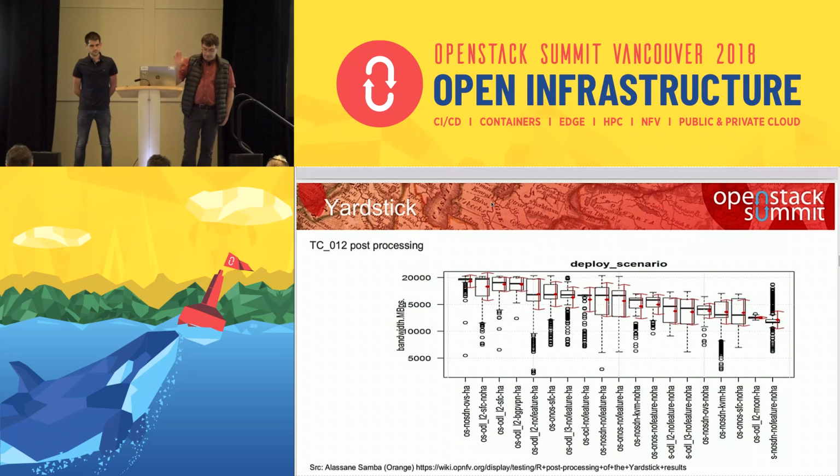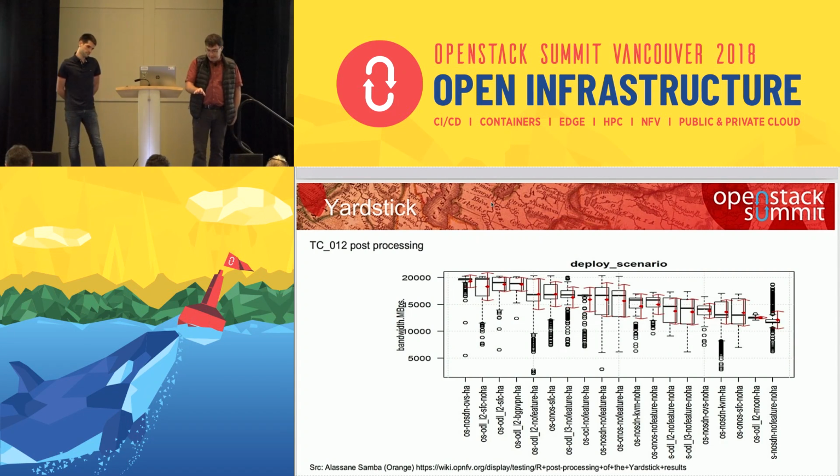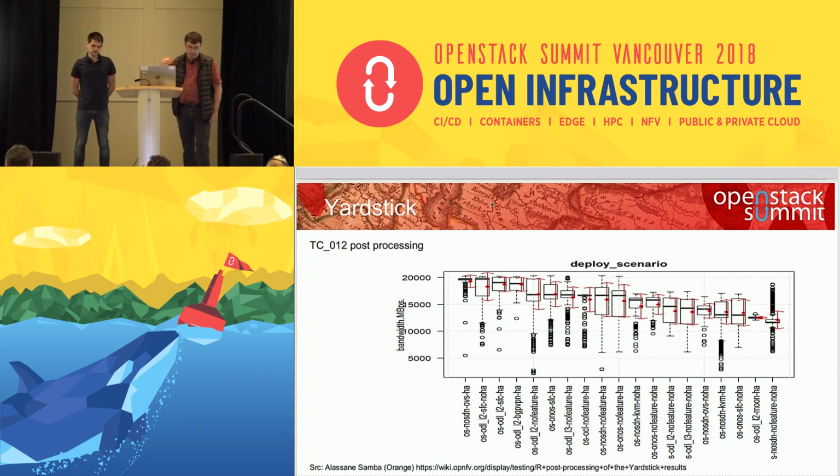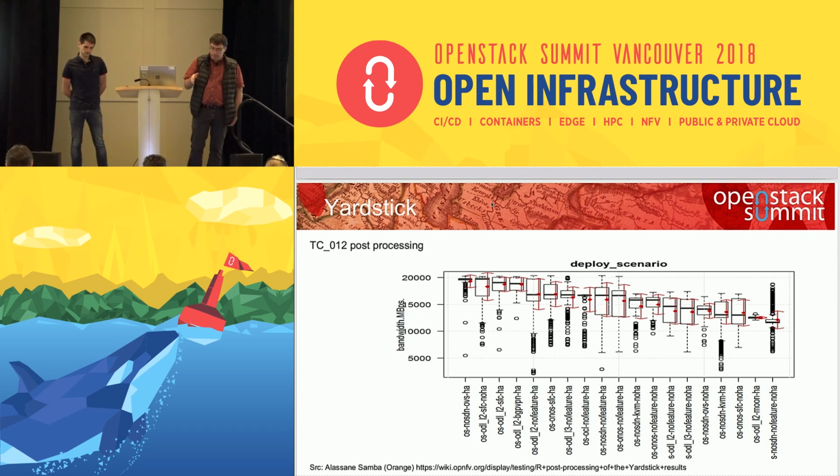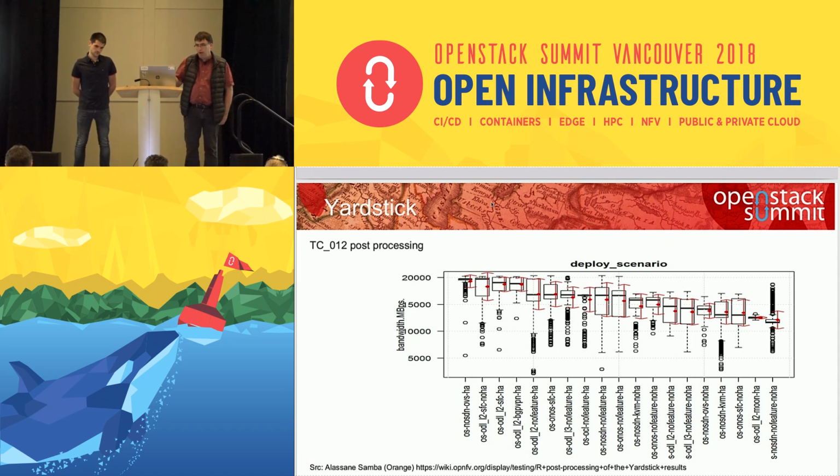So there are lots of test cases, and when you run one Yardstick test case, as it is here for TC012, which is also a networking test case, then you can compare the influence of the integration of a controller, of a feature, of a lab on the results.